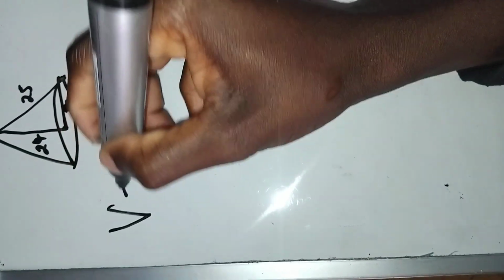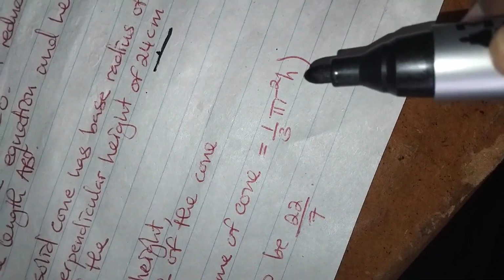Right. Now our volume, we are given the volume of the cone as 1/3 pi r squared h.